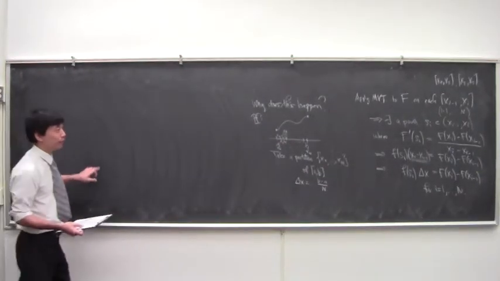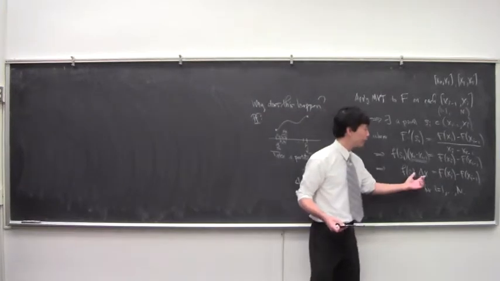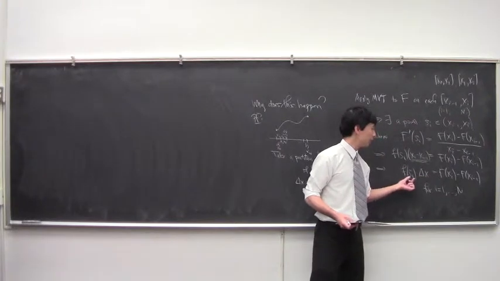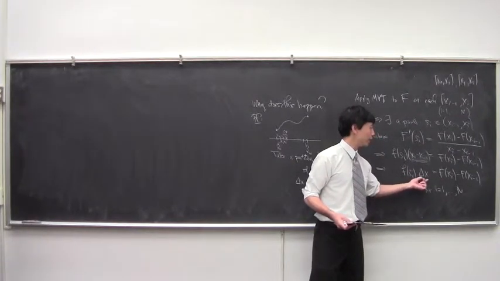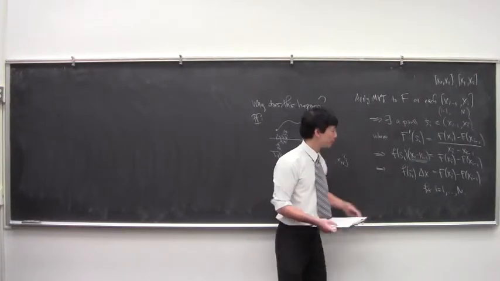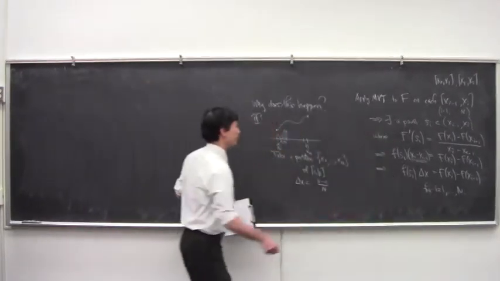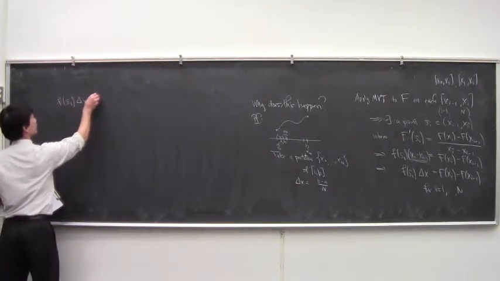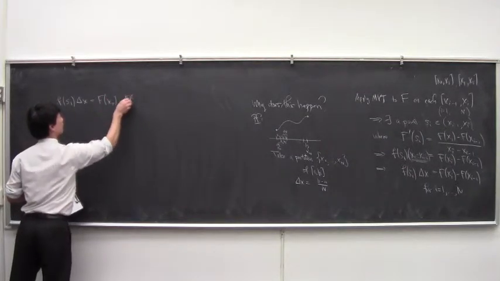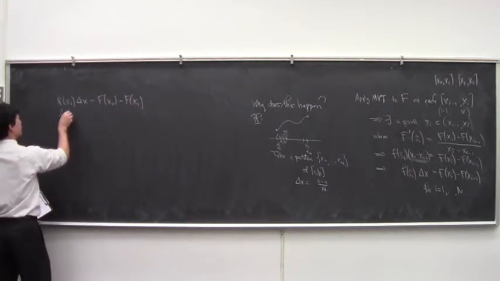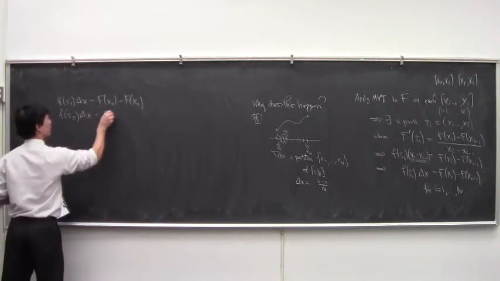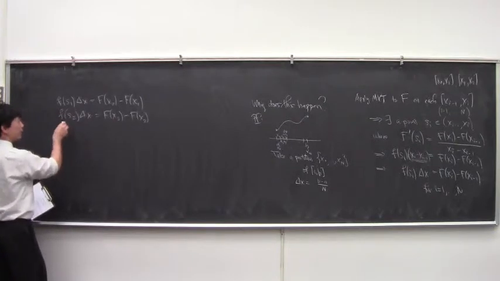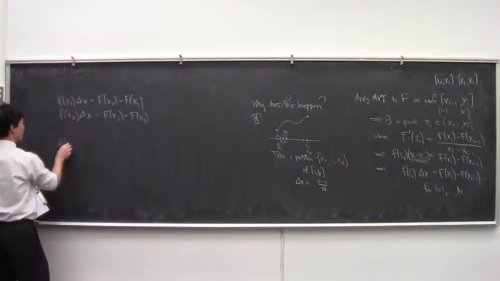So that's true for every interval: the difference of F at the endpoints equals little f at some sample point inside times delta x. That's true for i equals 1, 2, 3, 4. Let me write it out. There's an s1 so that this is true, there's an s2 where this is true, there's an s3, all the way up to s_n.